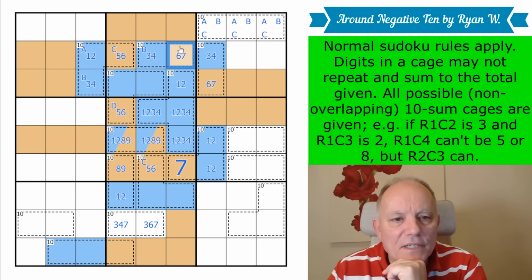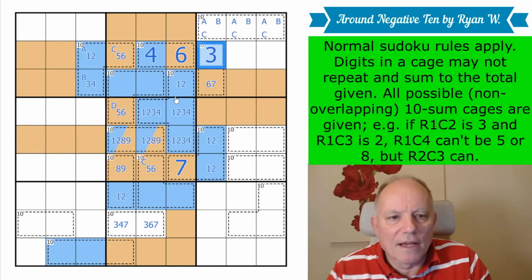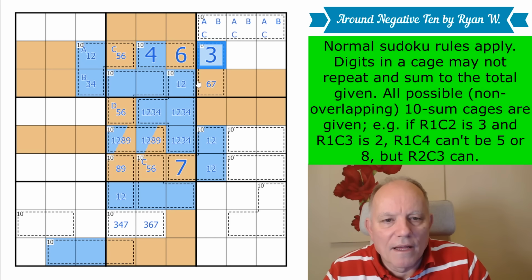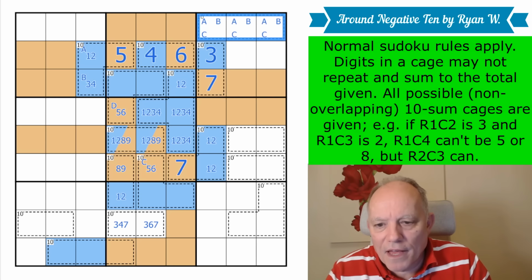Oh, that 7 is looking at this digit and making it a 6. That's much more helpful. 4 there, 3 there. That goes with a 7 in its box. And this digit, C, has become a 5. So I'm putting 5 there, removing C and putting 5 in instead up there.